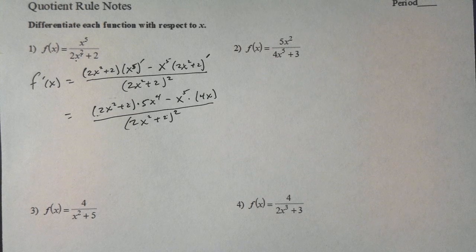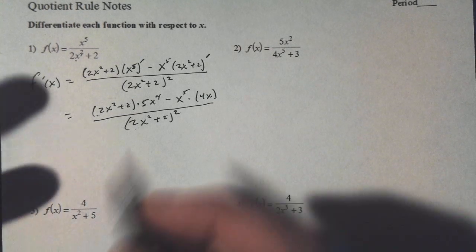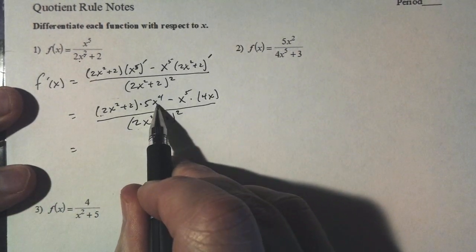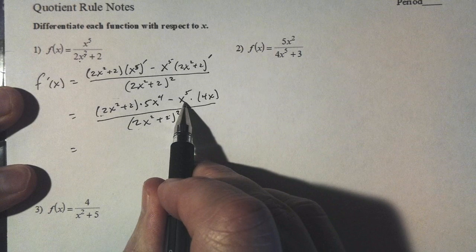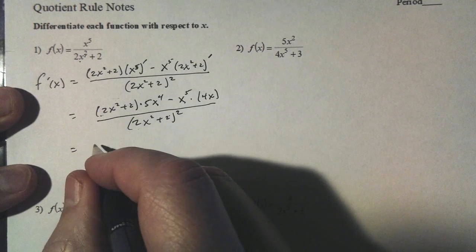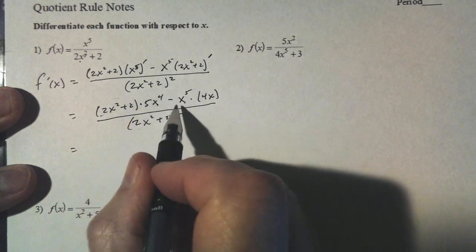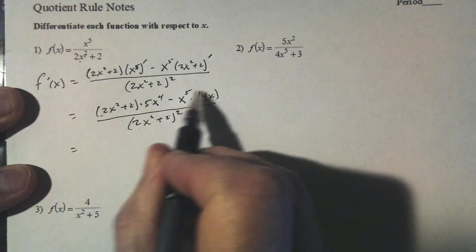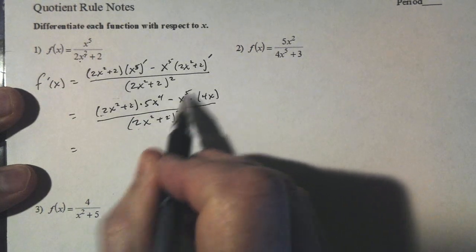What we are going to do for our final answers is factor the numerators. In this numerator, I see I can take out an x to the fourth. This term has an x to the fourth, and this term actually has an x to the sixth.